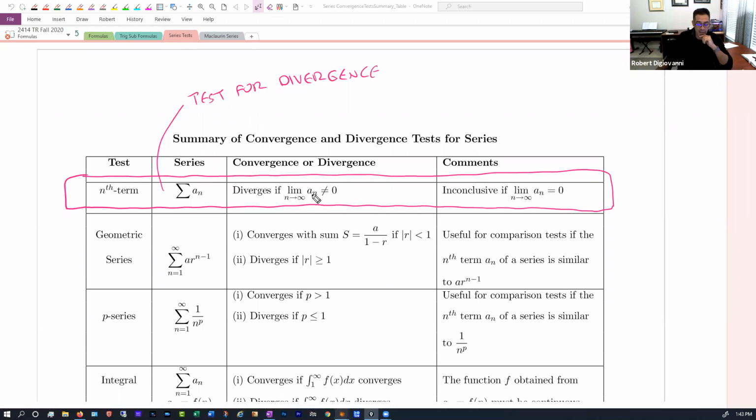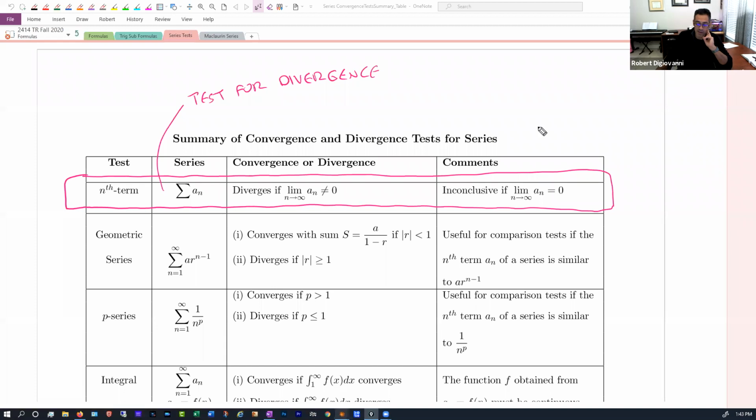But if the limit of this does go to 0, the test is inconclusive, which means it might converge, but it could also still diverge. The test only guarantees you divergence. It does not tell you anything about convergence.